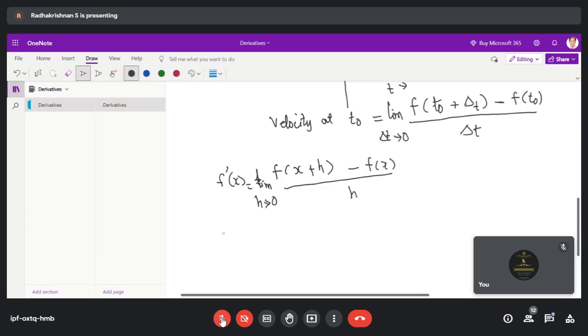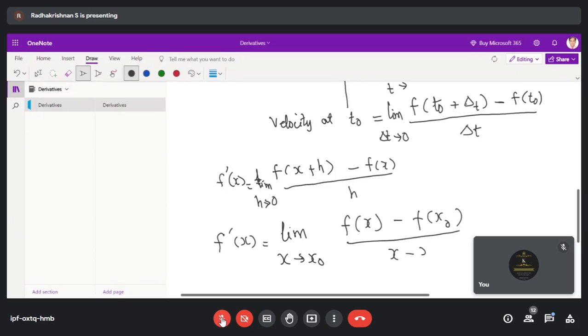The other way is equal to the limit as x tends to x0 of f of x minus f of x0, divided by x minus x0.